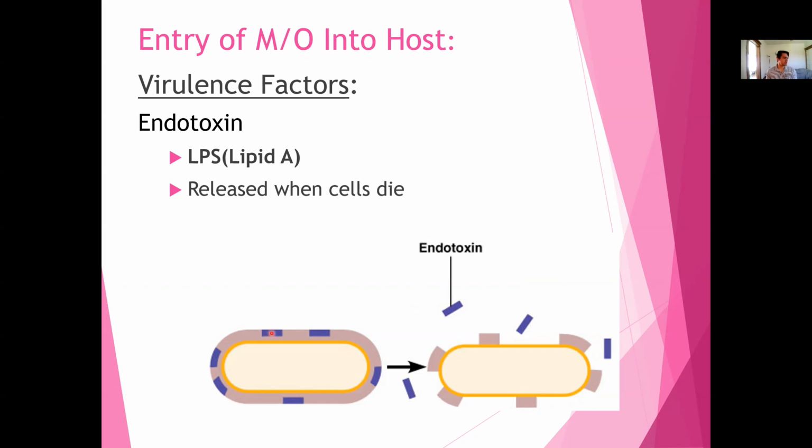Here you can see the endotoxins are normally just part of this external structure, and when that external structure loses its integrity, or bursts, or lyses, these endotoxins are released. Note, though, that endotoxins can also be released during bacterial multiplication, so it's not only when they're lysed.